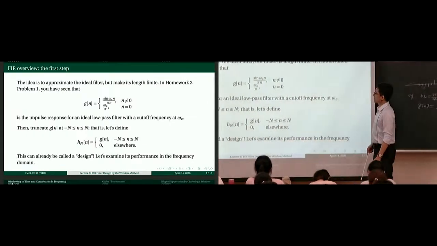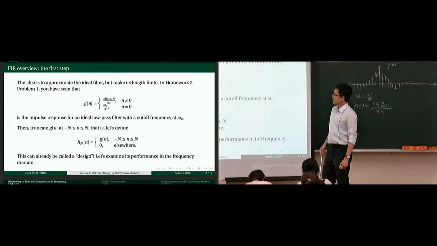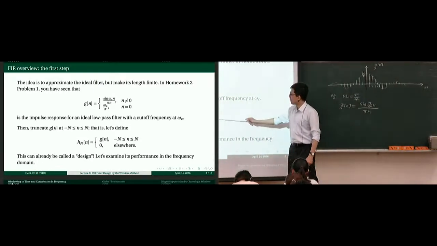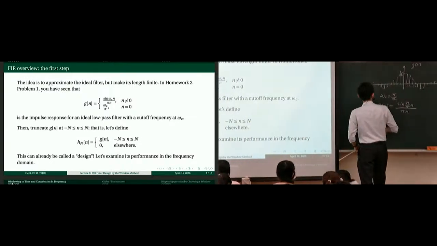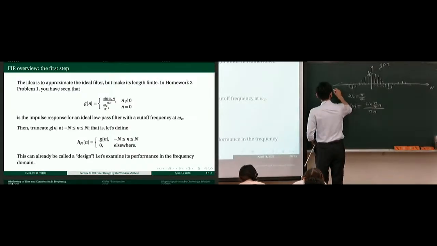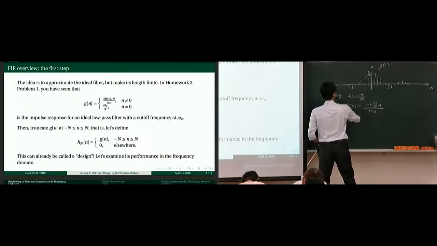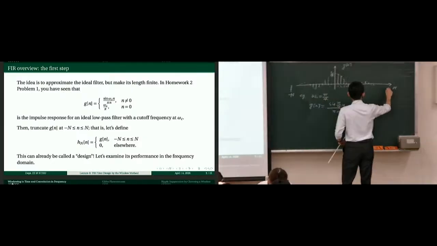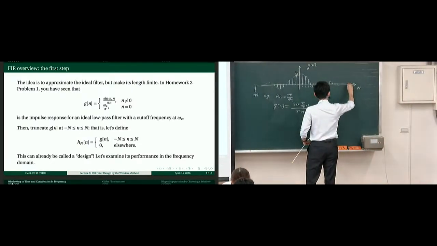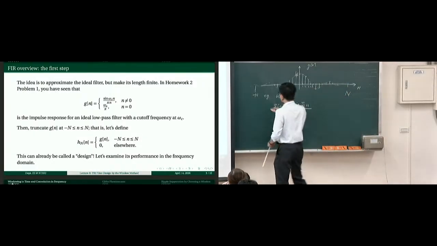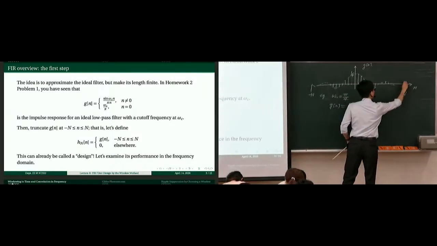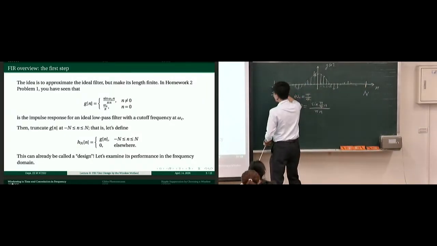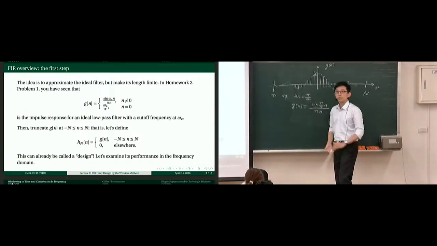That is to say, all right, let's keep all the samples between minus N and plus N. To compromise, let's say this is minus N and plus N. Let's keep everything in this range. And then for anything outside this range, we are just going to give them up.